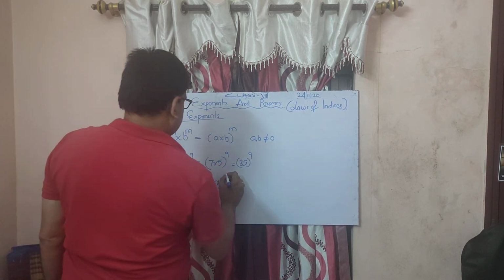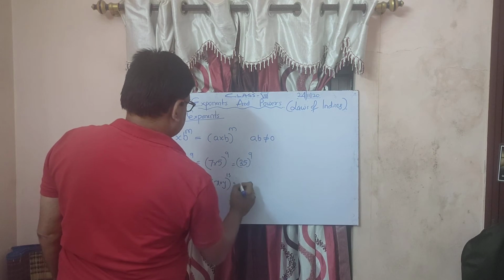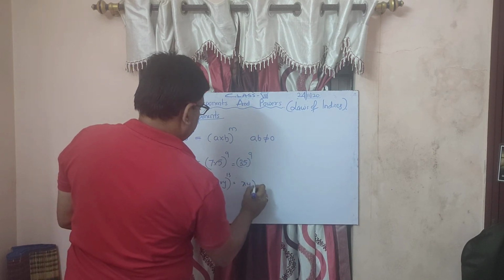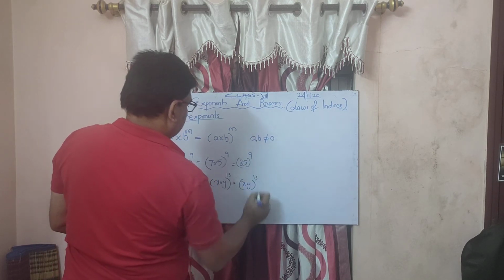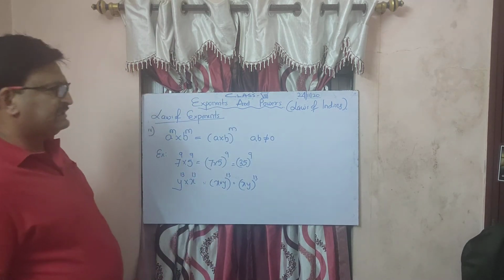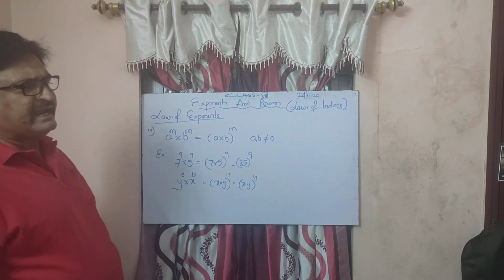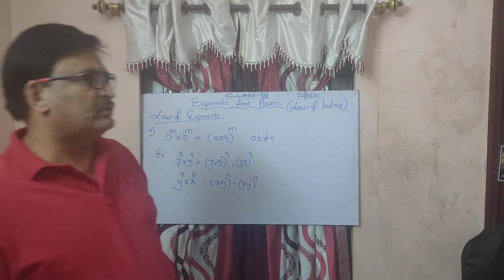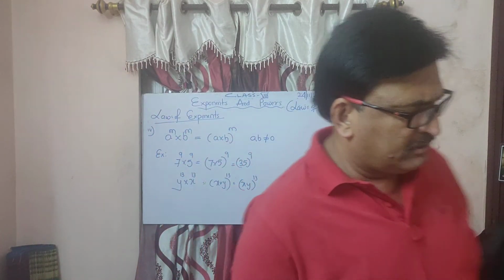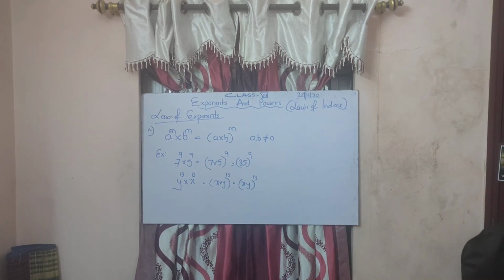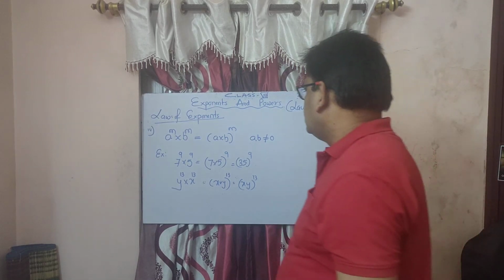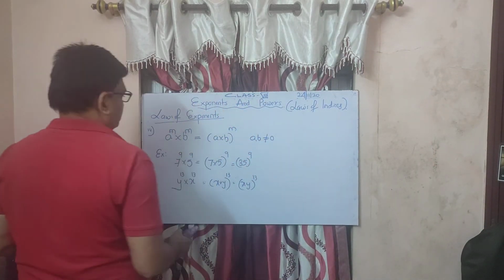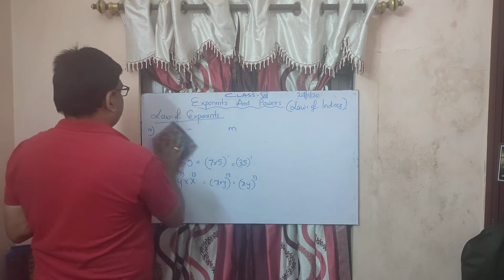So just write 3 as the power, that is, you can write xy raised to the power 3. Just write it as it is. This is all about the fourth law. You need to remember all these laws. Okay. Now let us look into the next law, that is the fifth law.